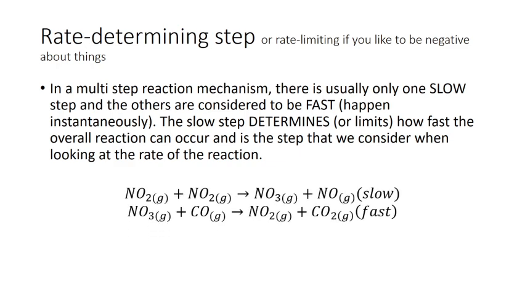So if we take a look at our previous reaction, if our slow step is the first step in the reaction, no problem. We just write our rate law. Our rate is going to depend on the collision of these two molecules, so the concentration of NO2 squared is going to determine our rate.